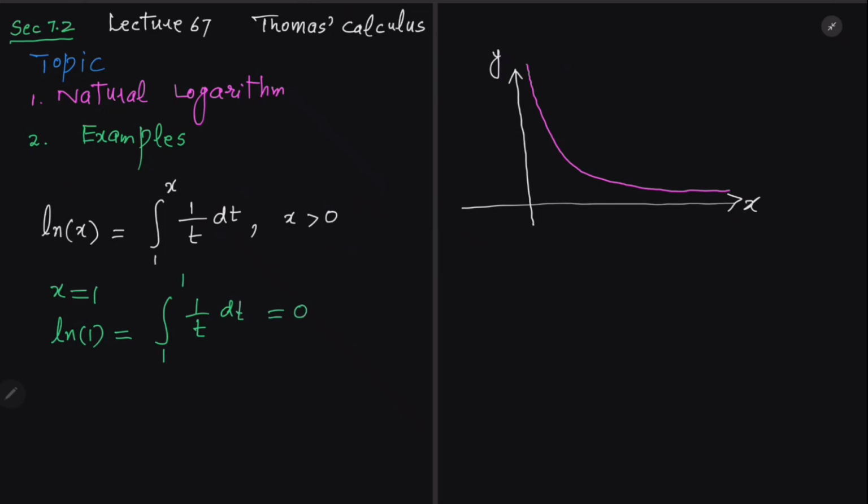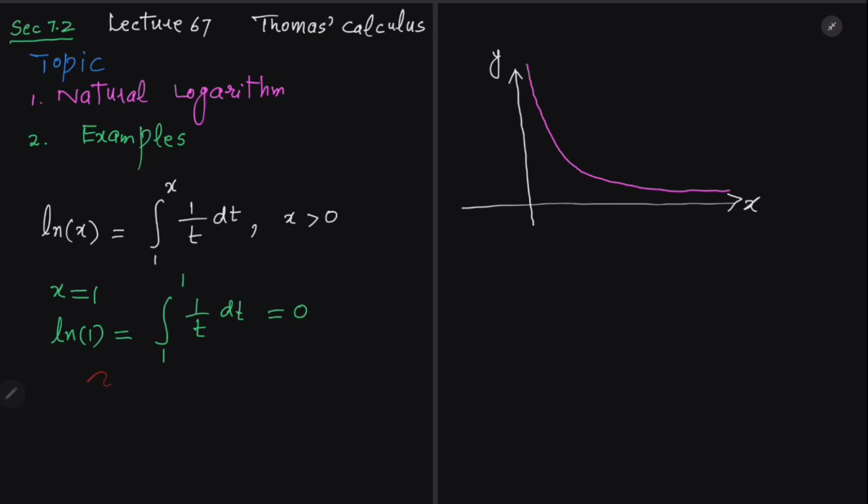So it means that this is 0. From 1 over t, we can say that on the graph there will be x equal to 1 somewhere on the x-axis where the value is 0. At 1, the value is 0. So the function is passing through the x-axis. Okay, this is the first property, first value.